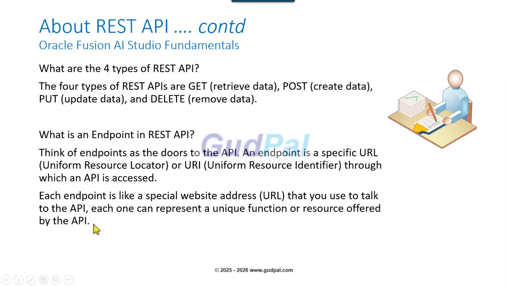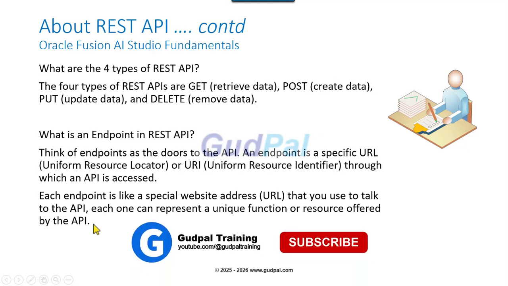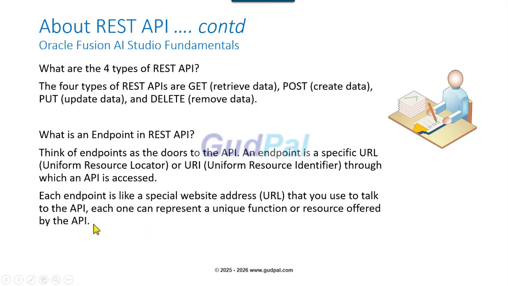In Fusion, it will contain the combination of the server name plus the endpoint. Oracle has provided a manual under which you can locate the endpoint and then append it to the Fusion base server URL.